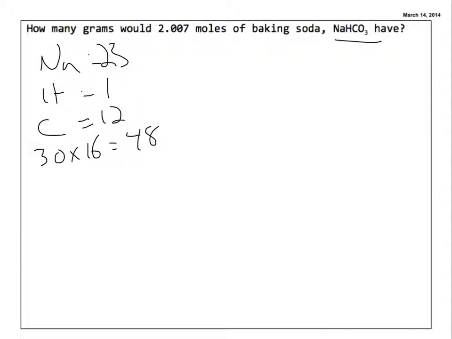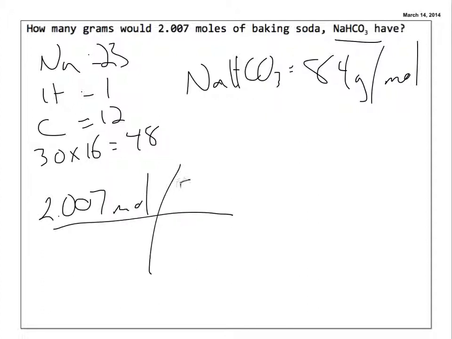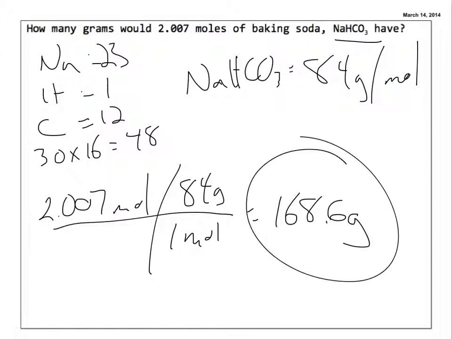Add all that together, and NaHCO3 has a molar mass of 84 grams per mole. So 2.007 moles times 84 grams per 1 mole equals 168.6 grams.